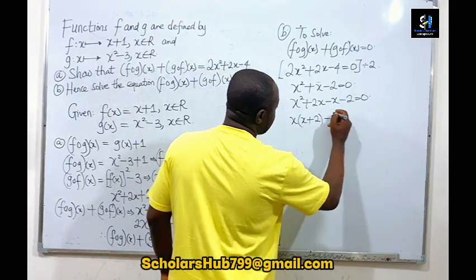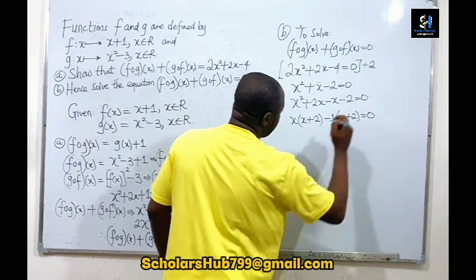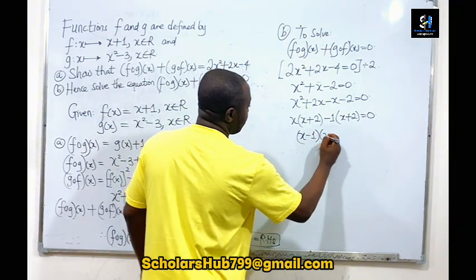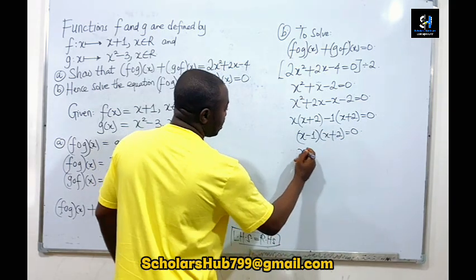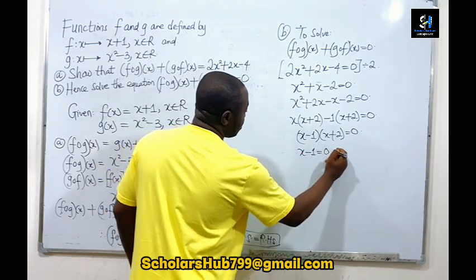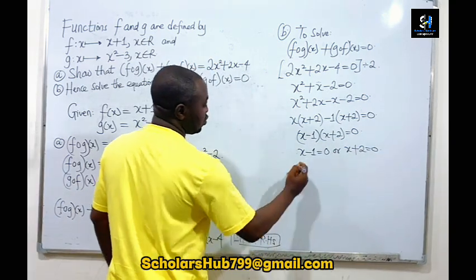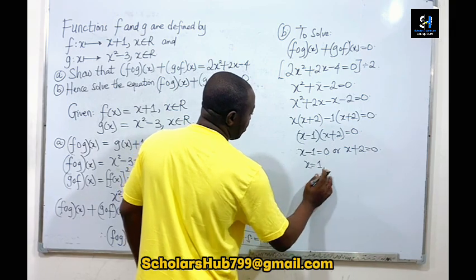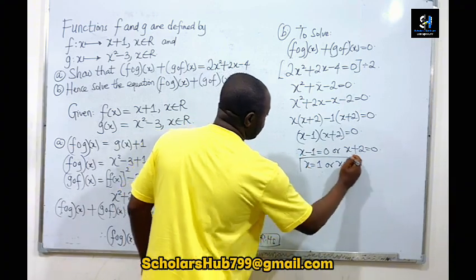Then minus 1 into x plus 2 equals 0. So x minus 1 multiplied by x plus 2 equals 0. Then x minus 1 equals 0, or x plus 2 equals 0. So x equals 1, or x equals minus 2.